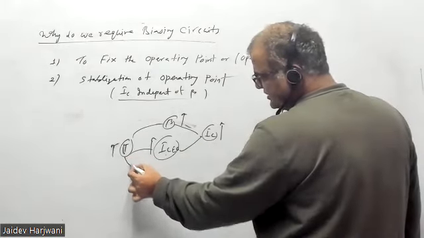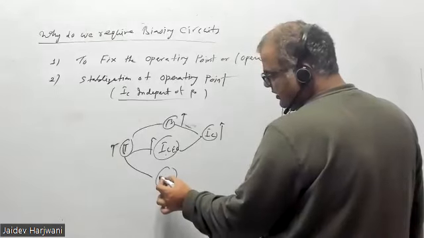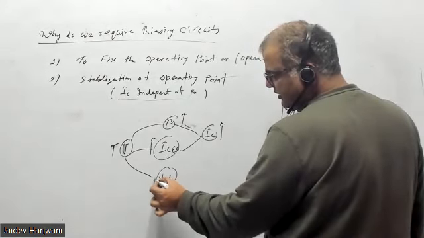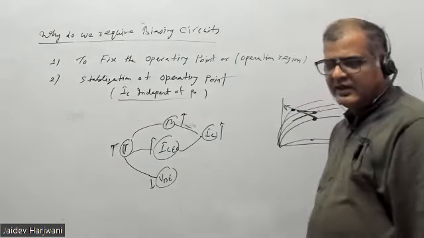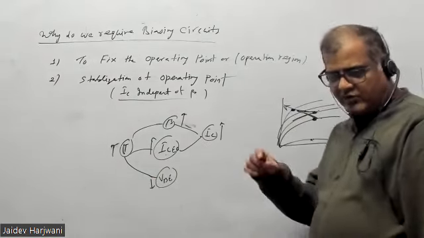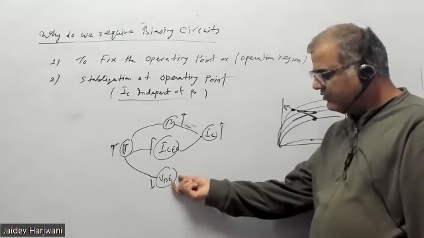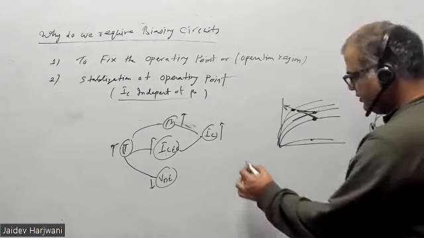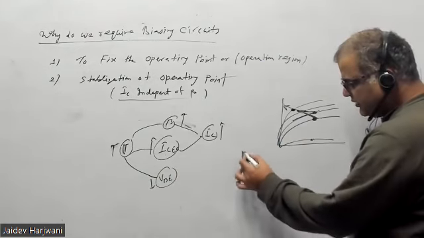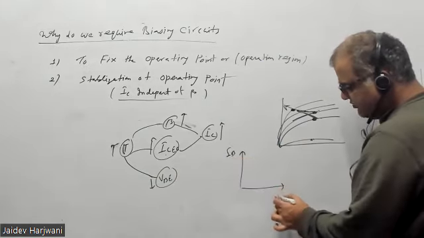If temperature increases, your cutoff voltage VBE decreases. Now that means you can get the same IB at a lesser voltage. If your temperature increases, this becomes low. Suppose you have applied 0.8 volt. You are getting IB versus VBE.